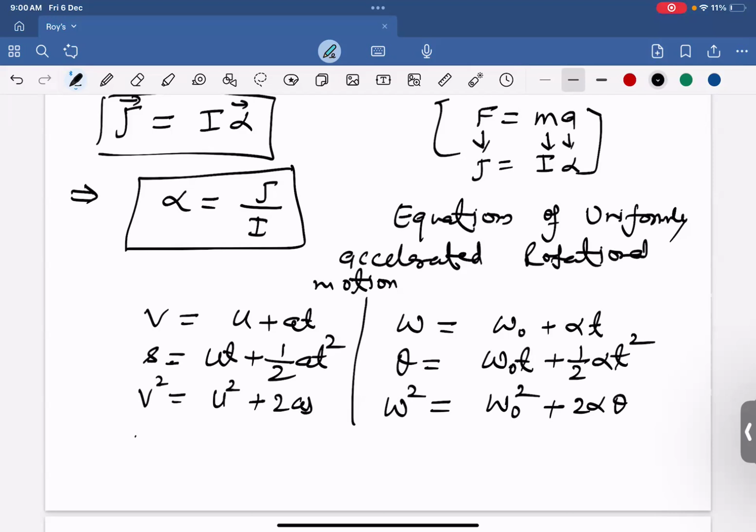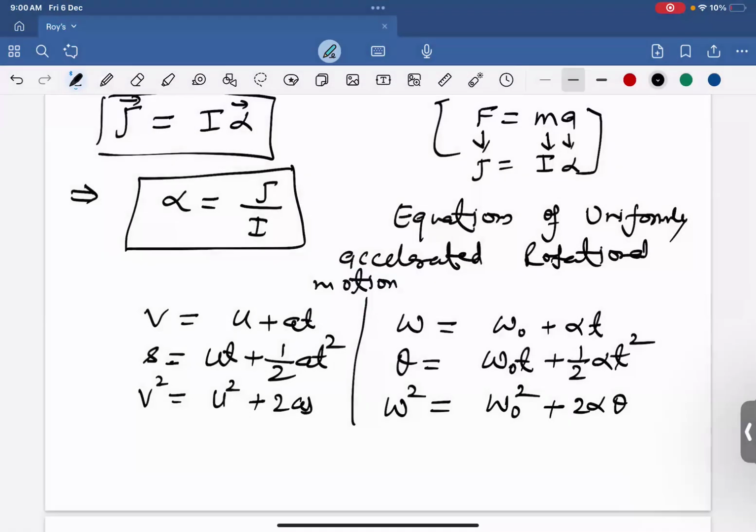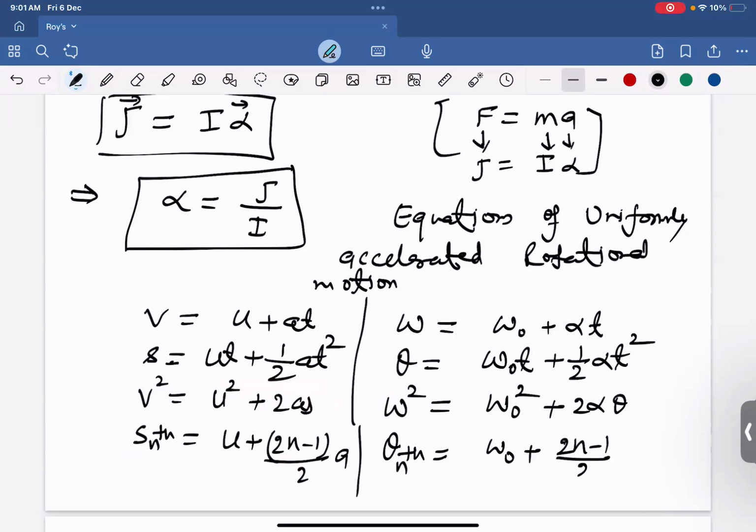You can also write the distance in a particular second, that we write as s nth second, and its formula in linear motion was u plus (2n minus 1) by 2 into a. So here also, angle rotated in a particular second, if they ask, we can use the formula omega naught plus (2n minus 1) by 2 multiplied by alpha.